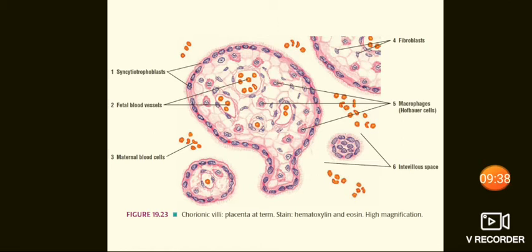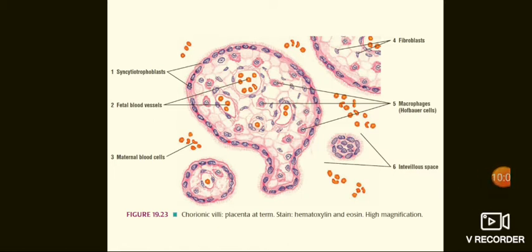Now this picture shows the placenta at term pregnancy. Here the placental barrier becomes thin because the cytotrophoblast layer disappears and the syncytiotrophoblast layer becomes thin, and also the extraembryonic mesodermal core is becoming thin.